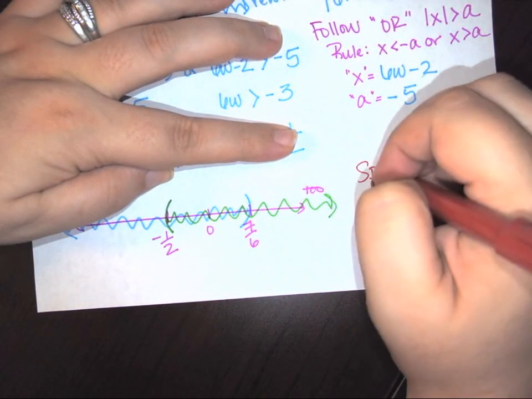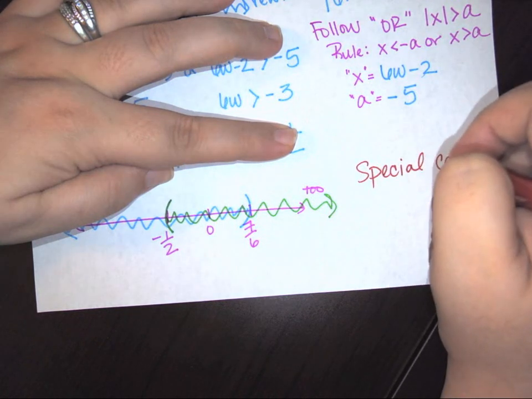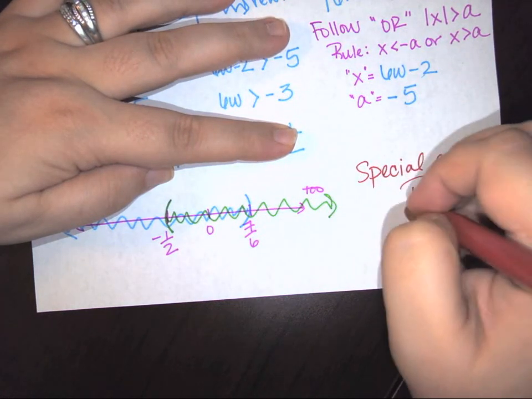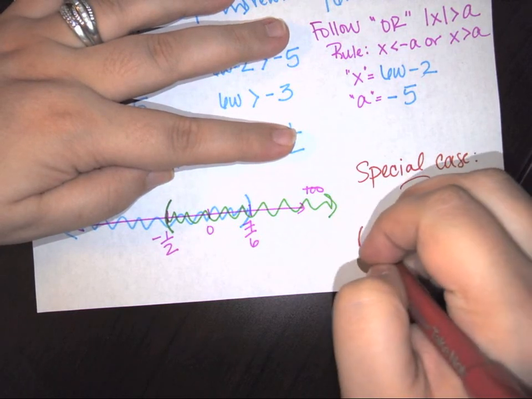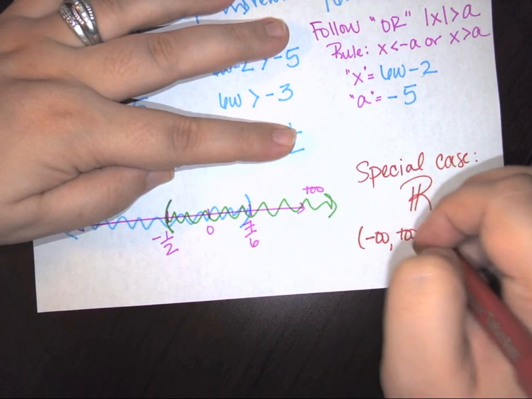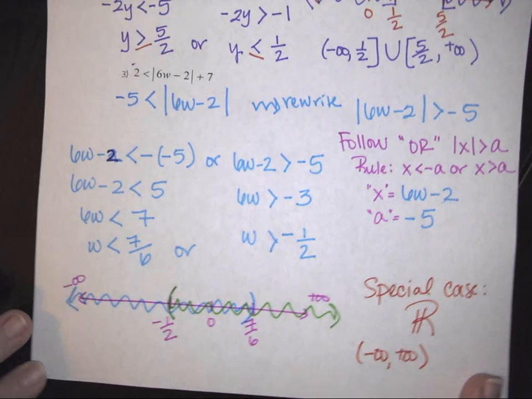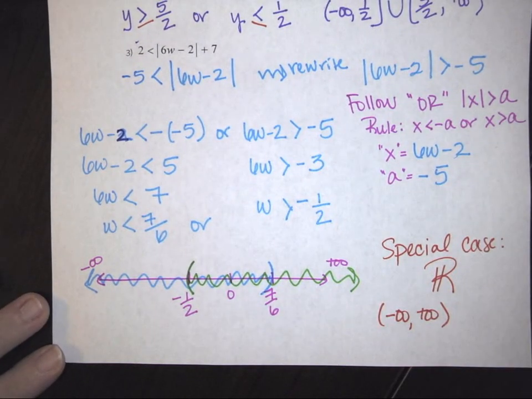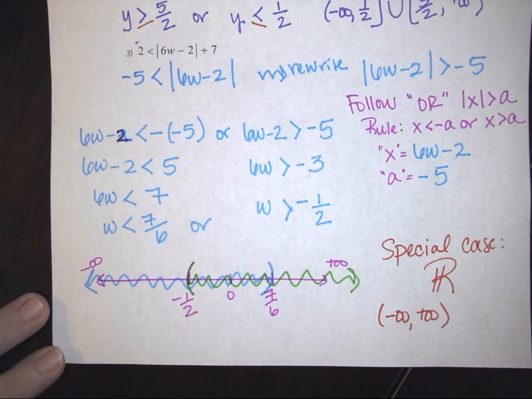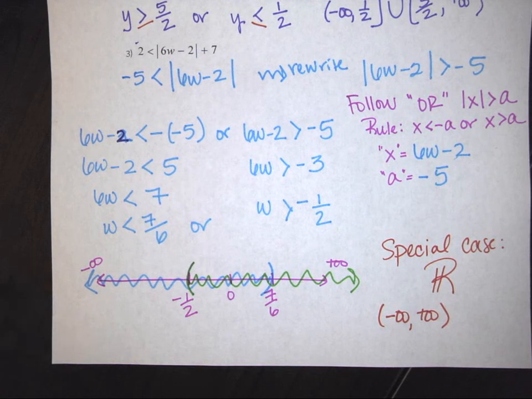My special case here is the case of all real numbers. My interval goes from negative to positive infinity. Okay. So like I said, this example here specifically happens to be one of my favorites because even though it is an OR rule and follows your OR situation, it encompasses the entire number line, which means it is that special all real number case and has an interval that goes from negative to positive infinity.